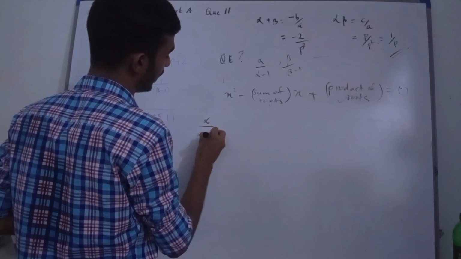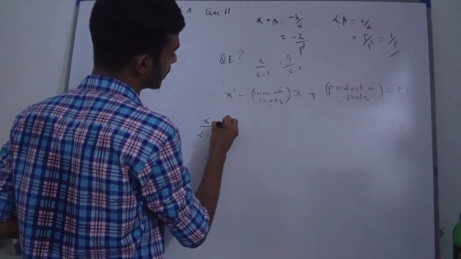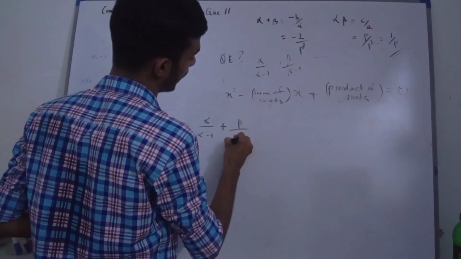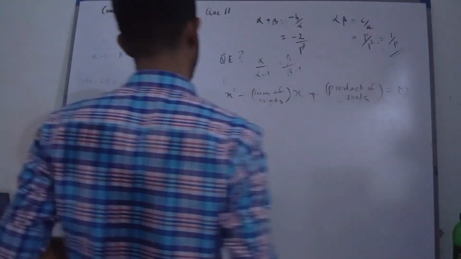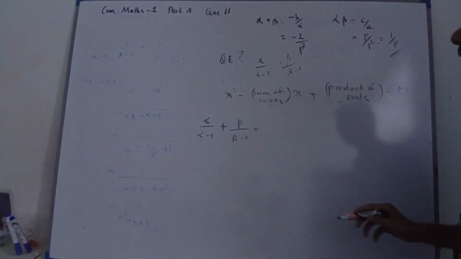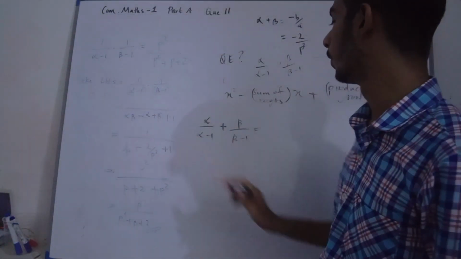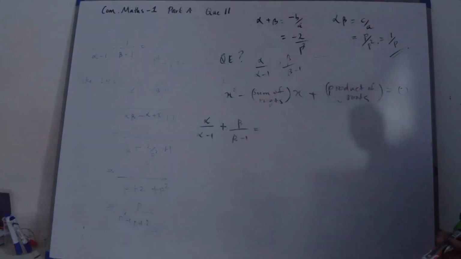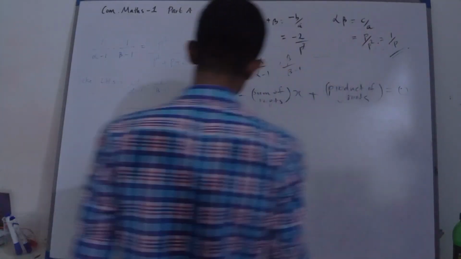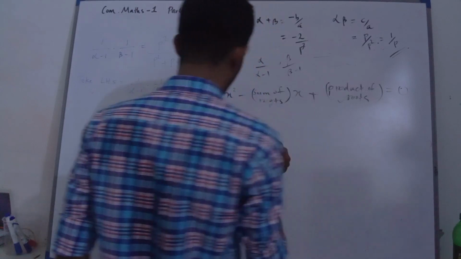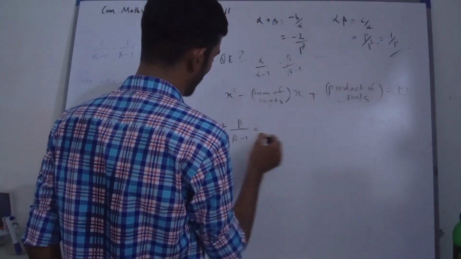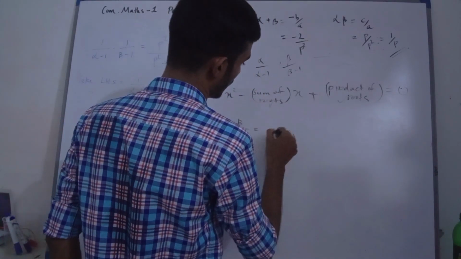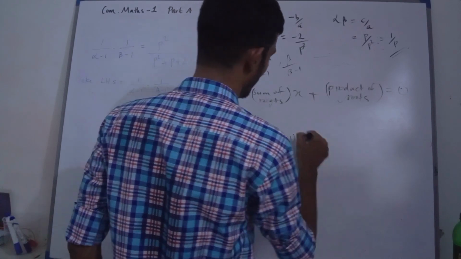Alpha over alpha minus 1 plus beta over beta minus 1 will give me, and we have already found this also, so we have to keep that in mind. I can take the LCM, alpha minus 1 into beta minus 1.